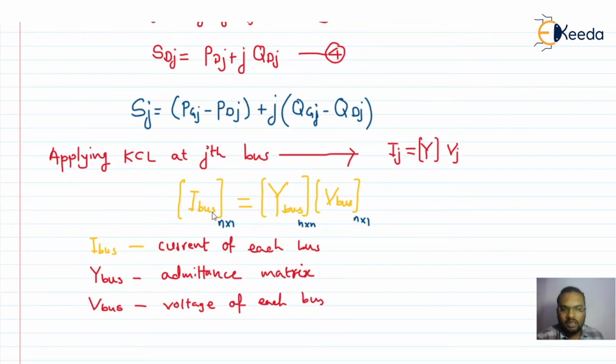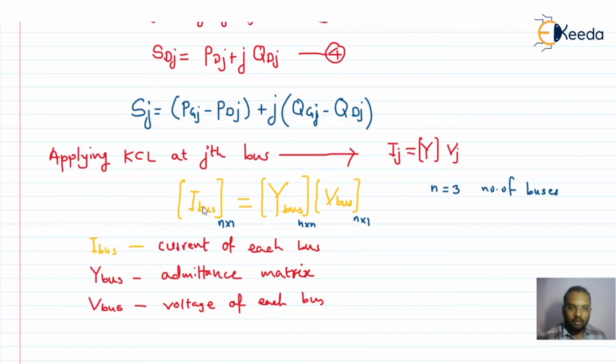See, these are vectors of n by 1, as there are n number of buses. Suppose this value of n, the number of buses, is 3.